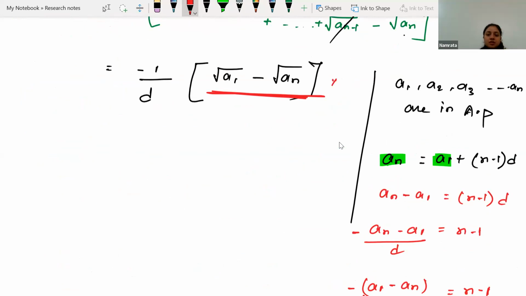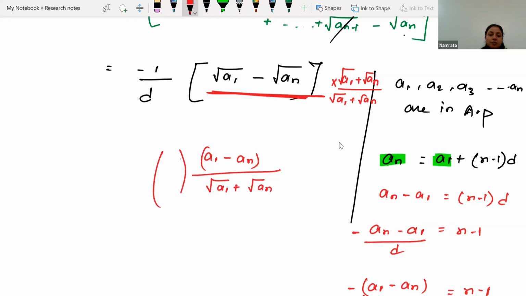If we do the reverse multiplication, it will be root a1 plus root an divided by root a1 plus root an. That will give us only a1 minus an in the numerator, and in the denominator root a1 plus root an, and here minus 1 by d is still there.